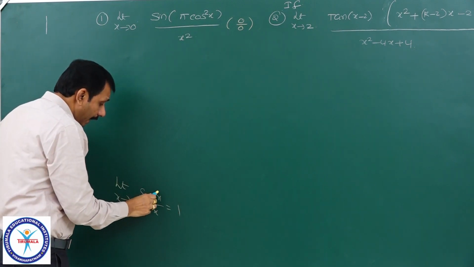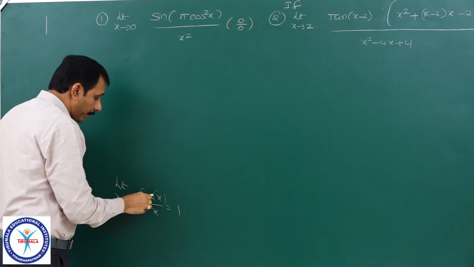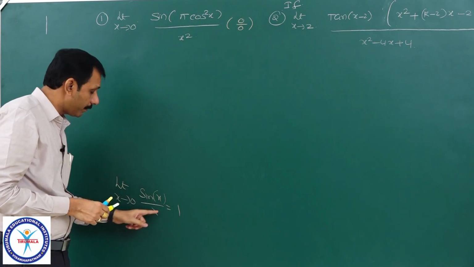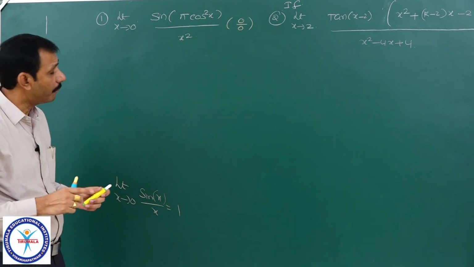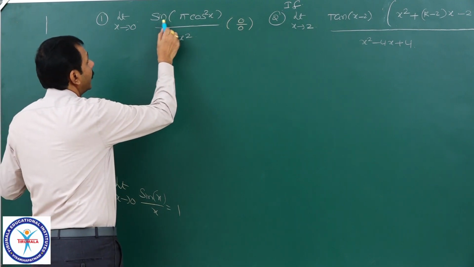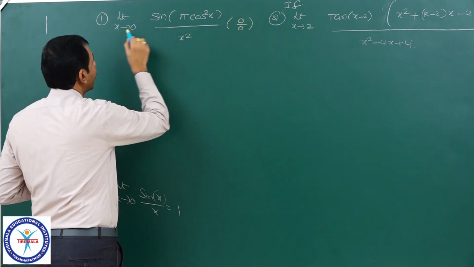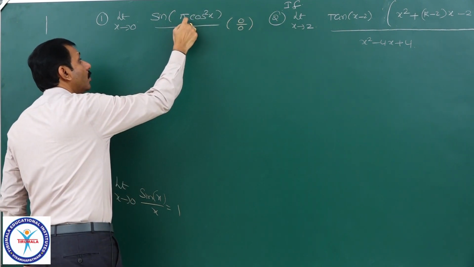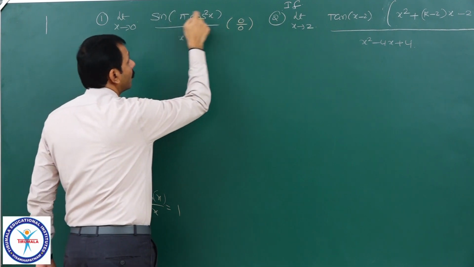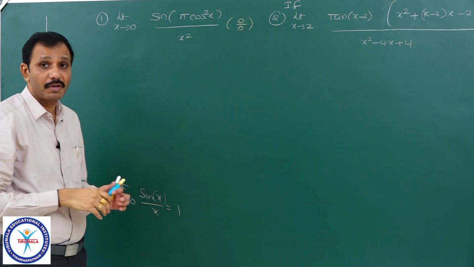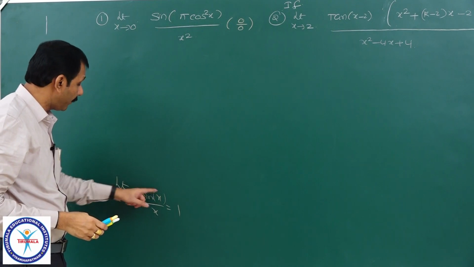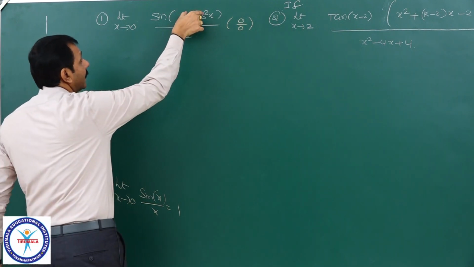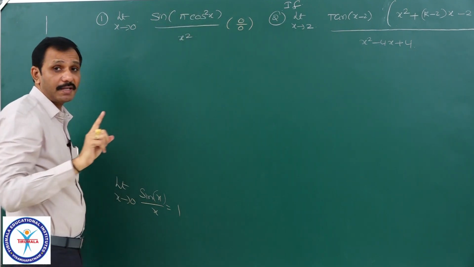That is, whatever the angle inside I am taking, if that approaches 0, by that value only it is equal to 1. But here sin of pi cos square x, this angle as x approaches 0 is not becoming 0, it is equal to pi. Of course because sin pi equals 0, it is of the form 0 by 0. But it is not sin of x where x approaches 0. So even if you write in the denominator pi cos square x, that is not equal to 1.